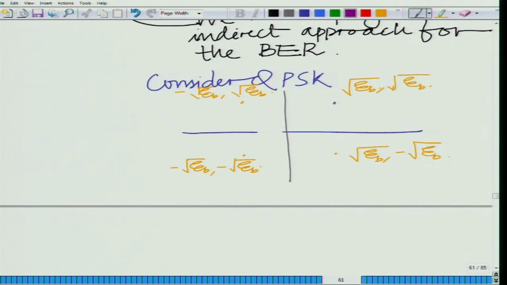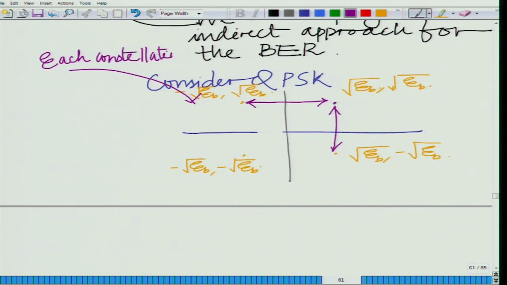Now, if you look at any particular constellation point, each constellation point in QPSK has two nearest neighbors.